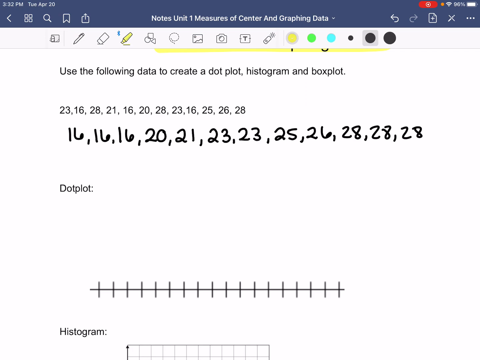All right, so first we're going to make a dot plot. The way that you make a dot plot is you place evenly spaced points above the number line with no skipped numbers.